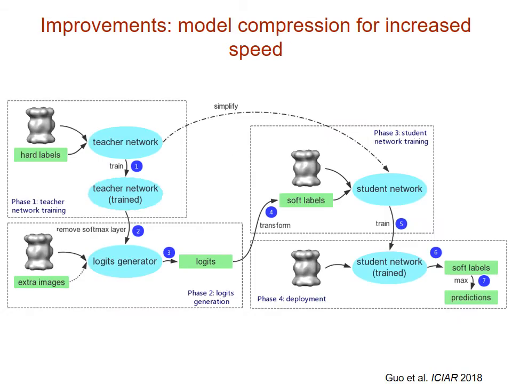We then developed a number of methods to deal with different aspects of this subtomogram classification. For example, we have developed a model compression technique to significantly speed up the classification.